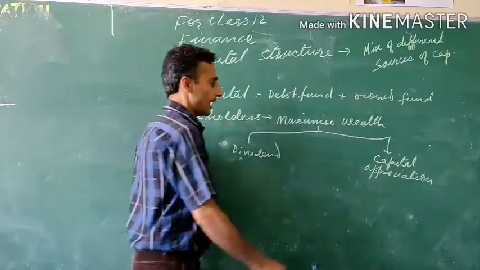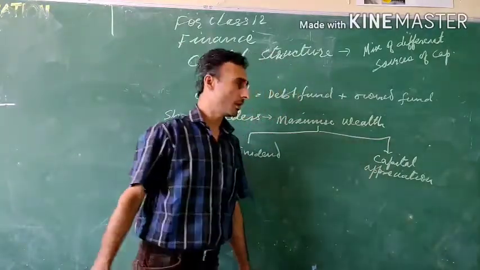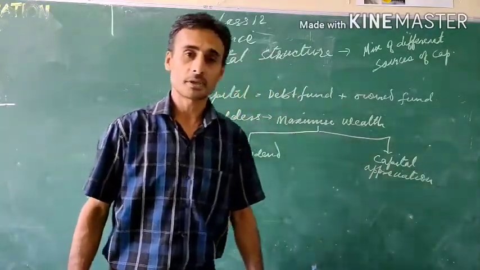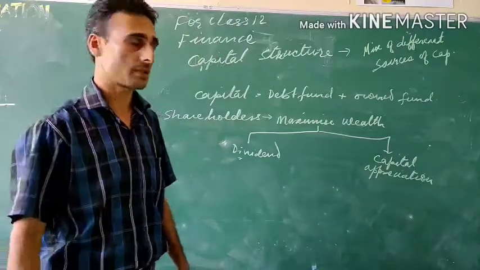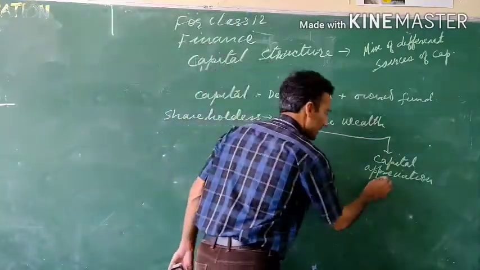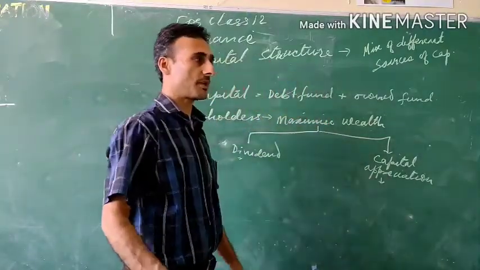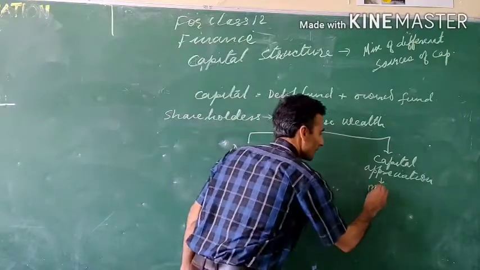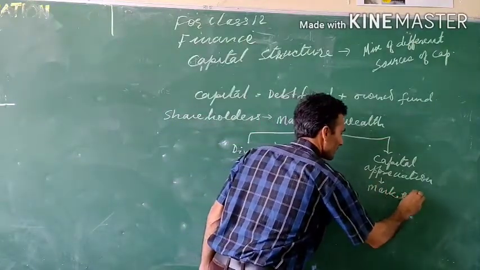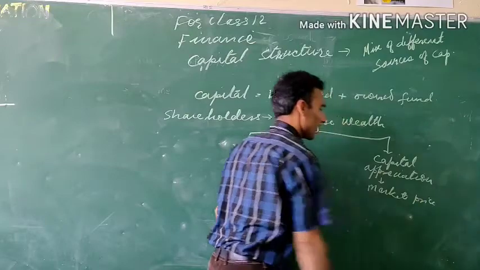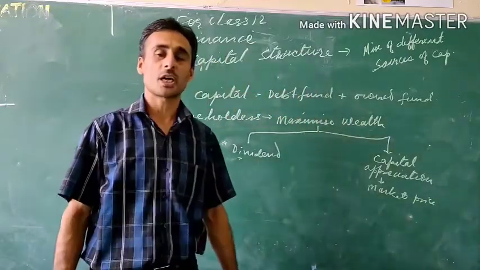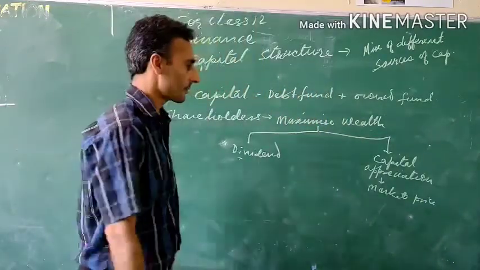And the other way of maximizing the wealth is appreciating the capital, that is increasing the value of capital. This capital appreciation has a relation with the market price or the market value. So it depends on the market price, that is the price at which the shares are traded in the stock exchanges.